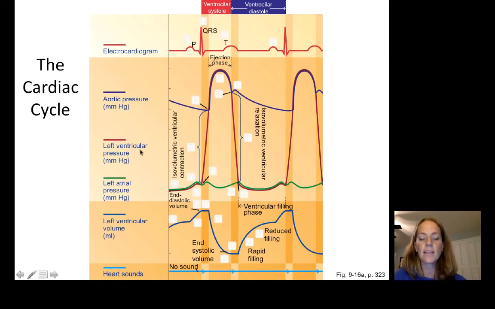What happens in the ventricle? What happens in the atria? What happens to volume, and where are the heart sounds? So go one by one through the phases and try to make sense of this graph little by little as to what is happening in the heart mechanically as caused by electrical activity.